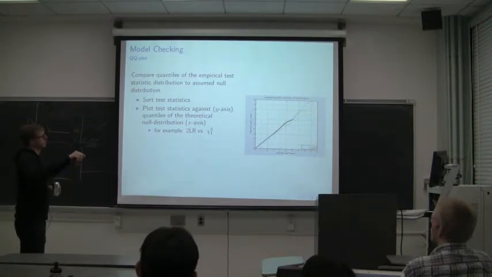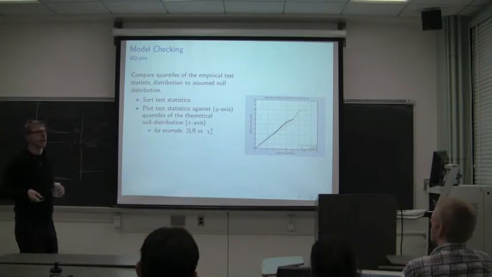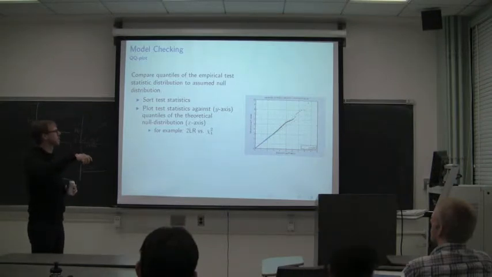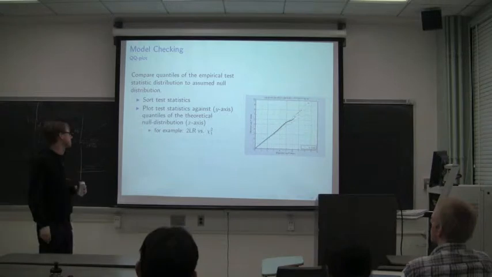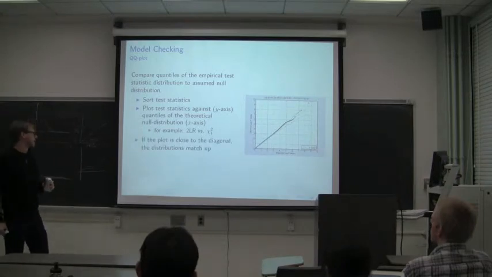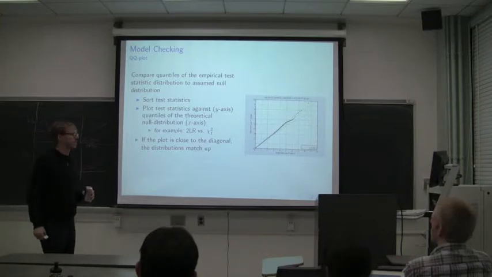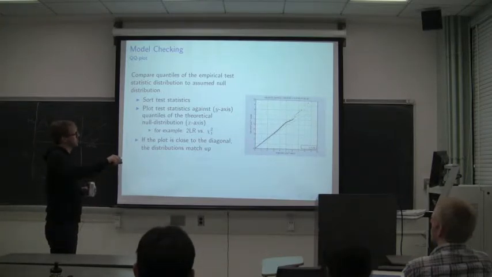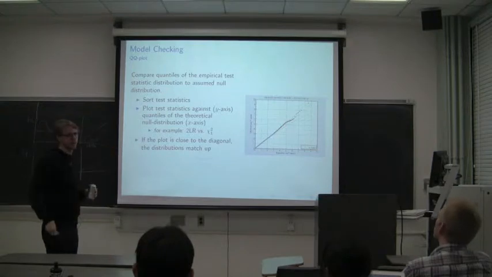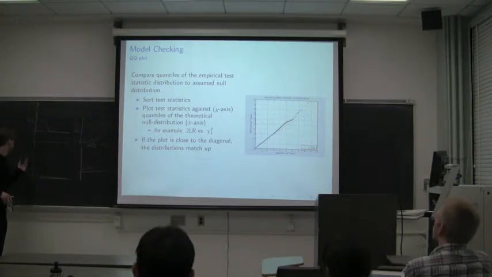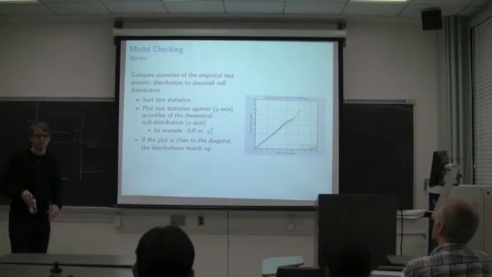In theory, if everything comes from the null, we should get something that follows the diagonal. In this case, we can say, yeah, this matches the null hypothesis. We would assume that a lot of these points are on the diagonal, and in the end some deviate from the diagonal because of the alternatives that are mixed in.